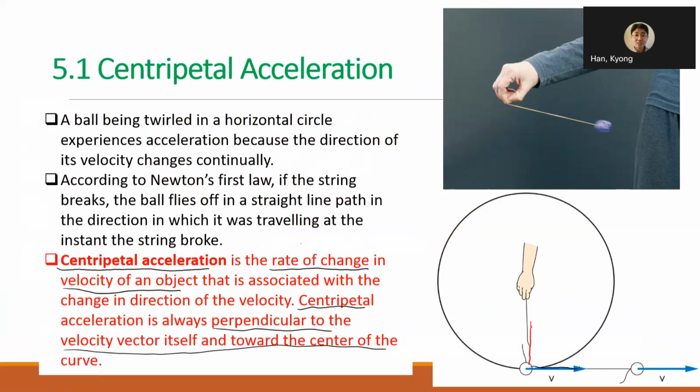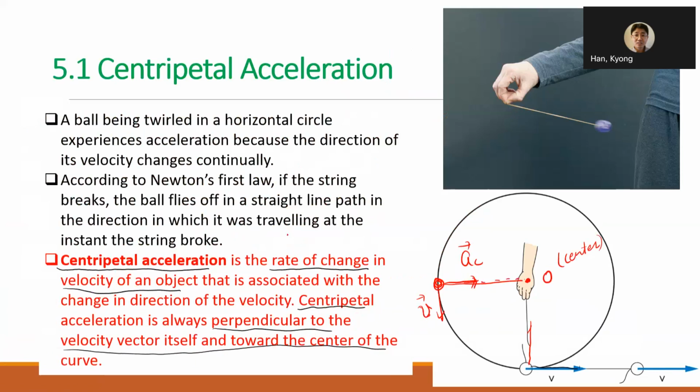If the object is rotating like that, velocity must be in this direction, but centripetal acceleration is in this direction, always toward the center of the circle. That's why it is called centripetal acceleration.